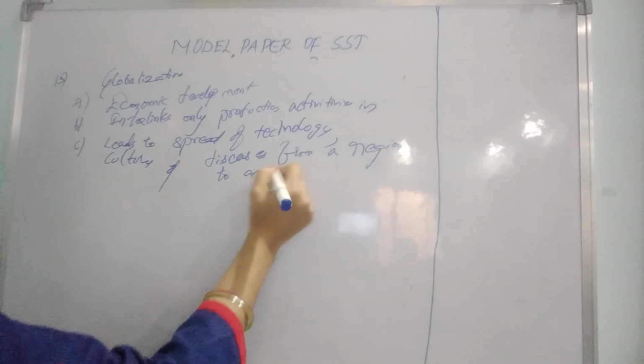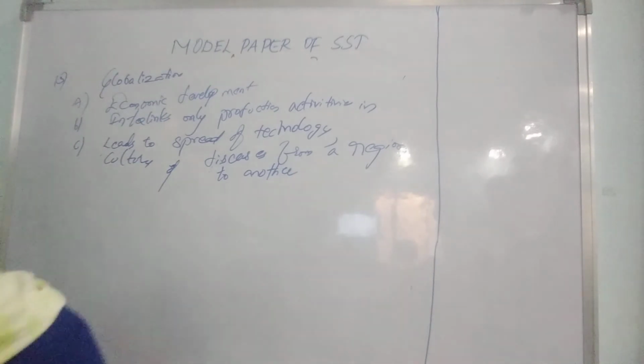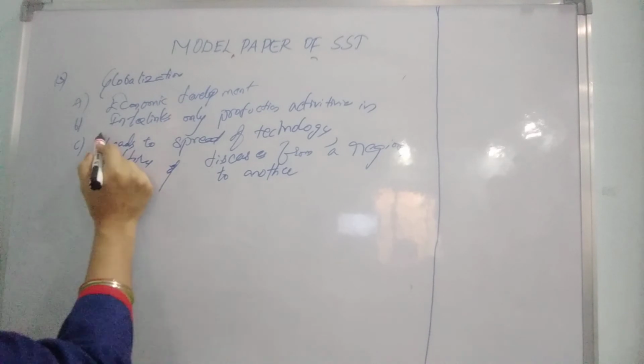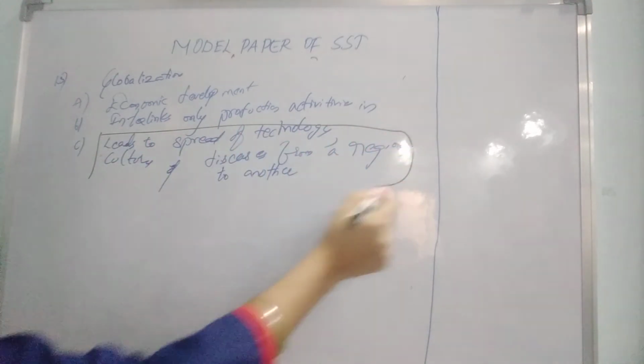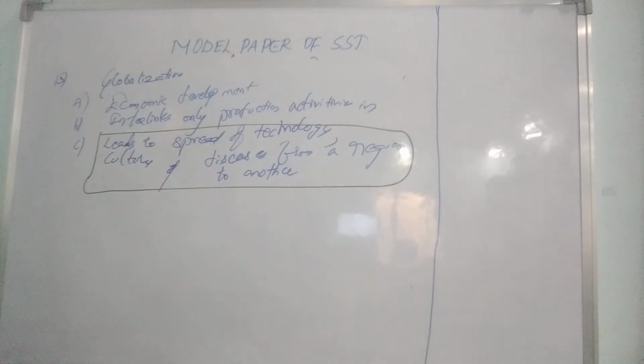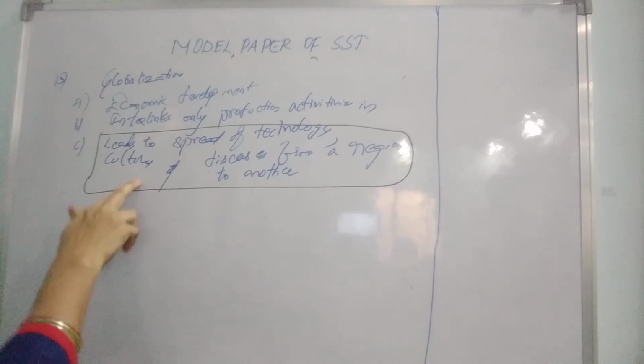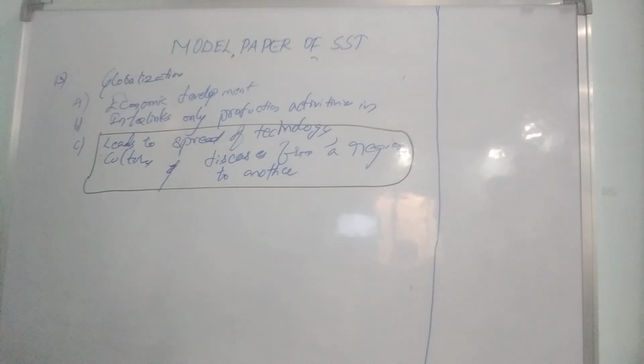This is our last option. Leads to spread of technology, cultures and diseases from a region to another is the context of globalization. This is our correct option for the context of globalization.